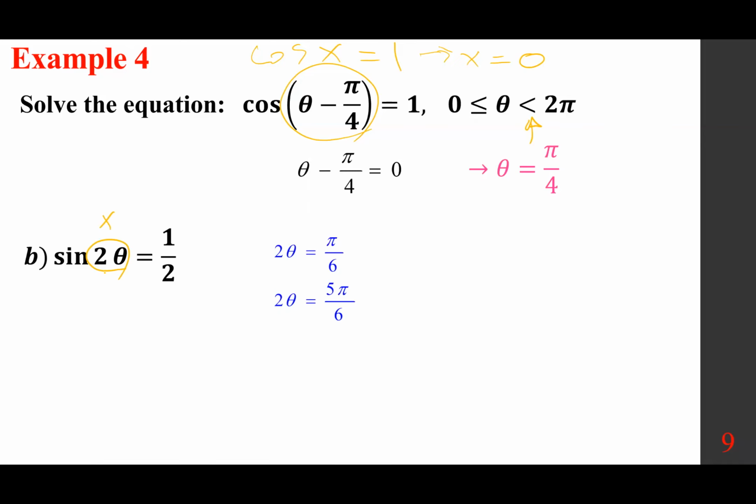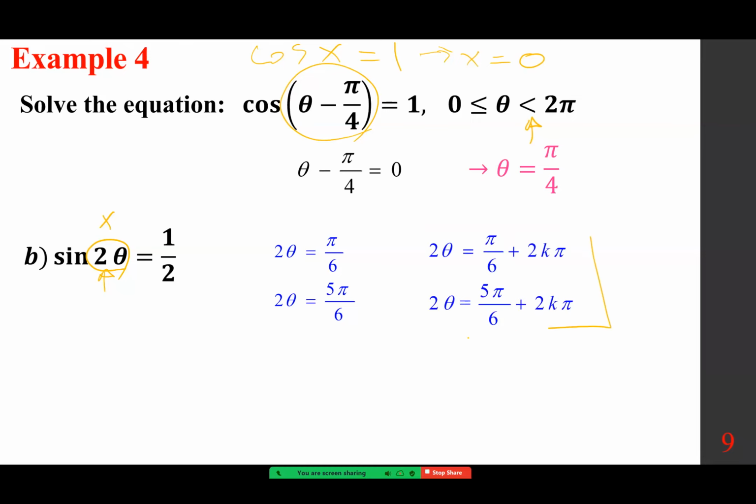Anytime you have multiple angle, you keep it, okay? And in order to find all the solutions, whether you want it in 0 to 2 pi or not, you have to add 2k pi and work on it. Now, when we add 2k pi or 2n pi, this is what happens.